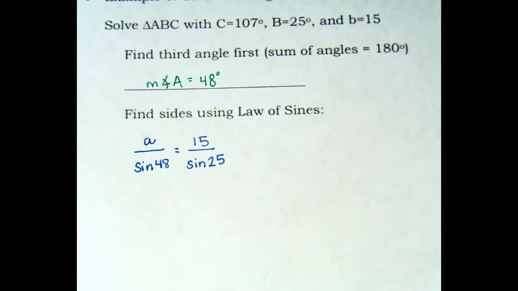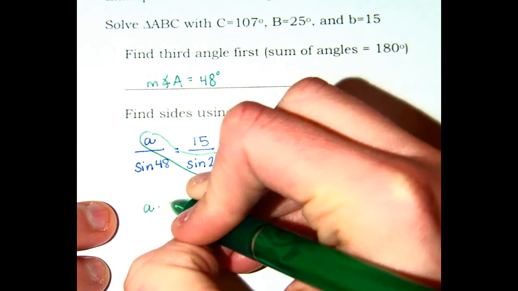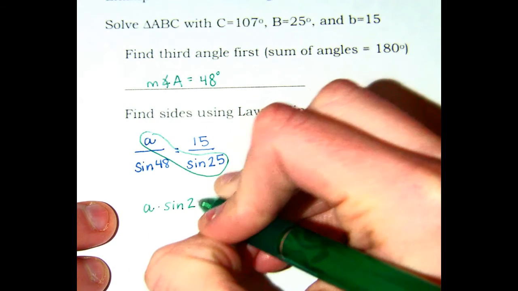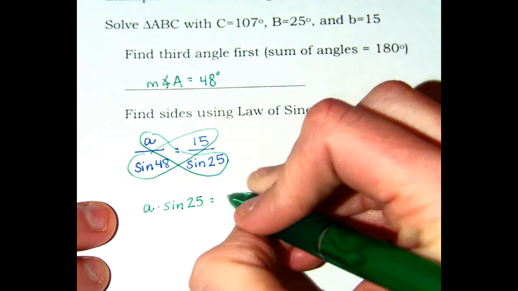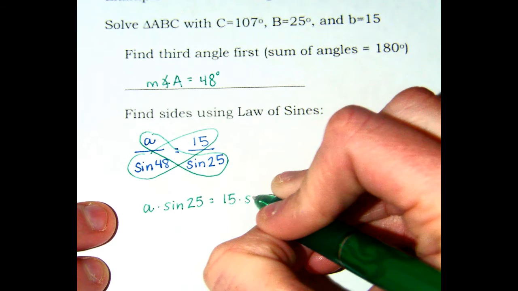I'm then going to cross multiply. I am not going to round till the very end. I don't think it tells me what to round to. If it does not tell you, I want you to do 4 decimal places, even though you might think that seems like a lot. Do it anyway. Alright, I'm going to cross multiply. So A times sine of 25 equals 15 times sine of 48.